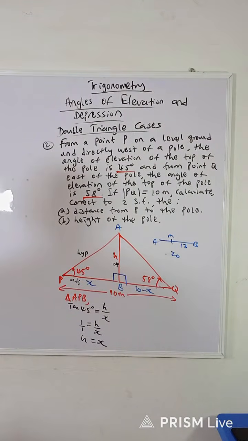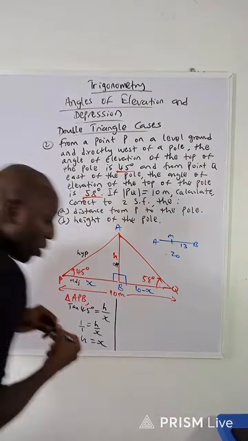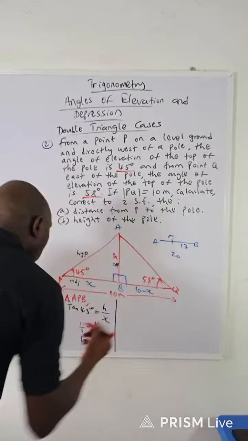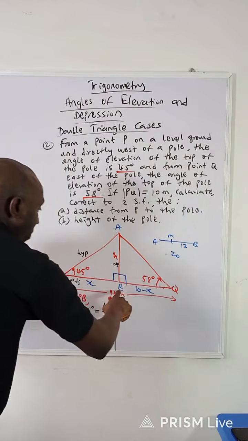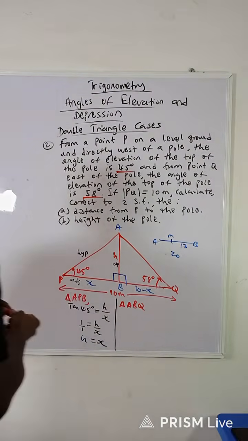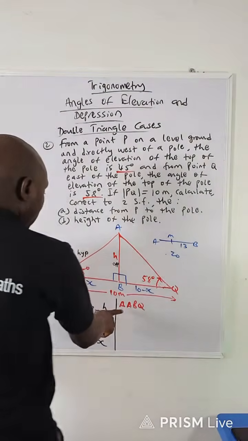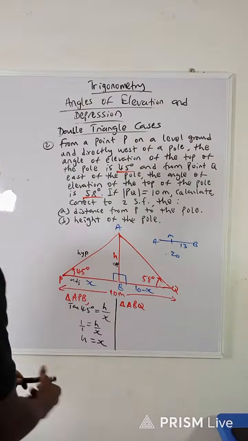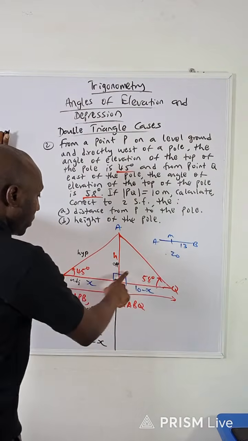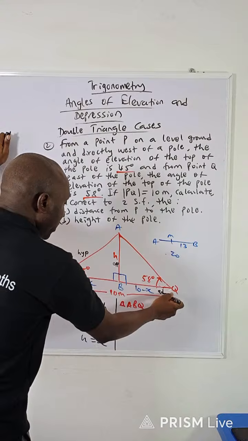Wait, hold on. Yeah. Let's come to the second triangle. So triangle what now? Triangle ABQ. This is the angle, this is the opposite, this is going to be what? The adjacent.